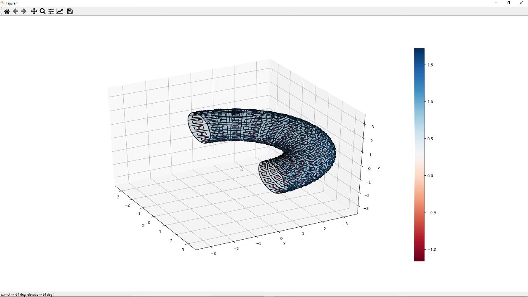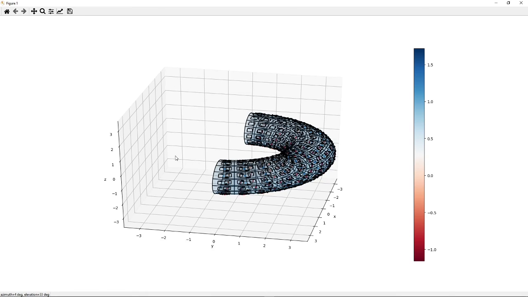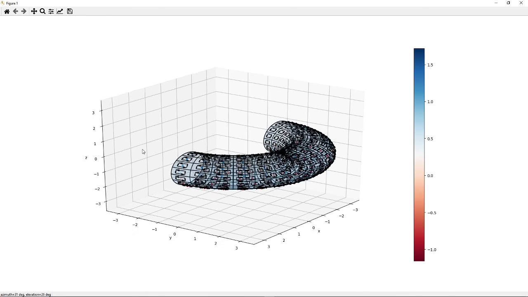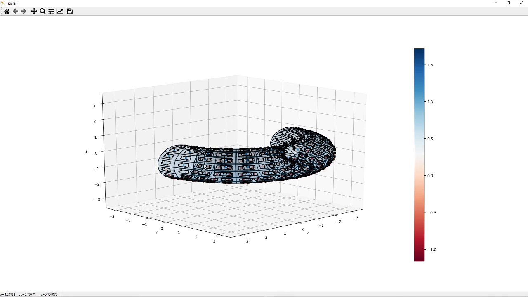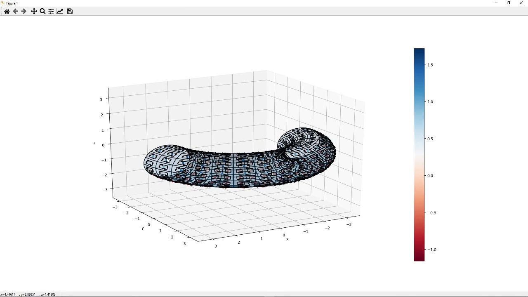So if we increase the number of patches to 15, you can see clearly that these patches are getting smaller and smaller on the boundary, and the values of curl in corresponding regions that are close to one another are getting closer and closer together.